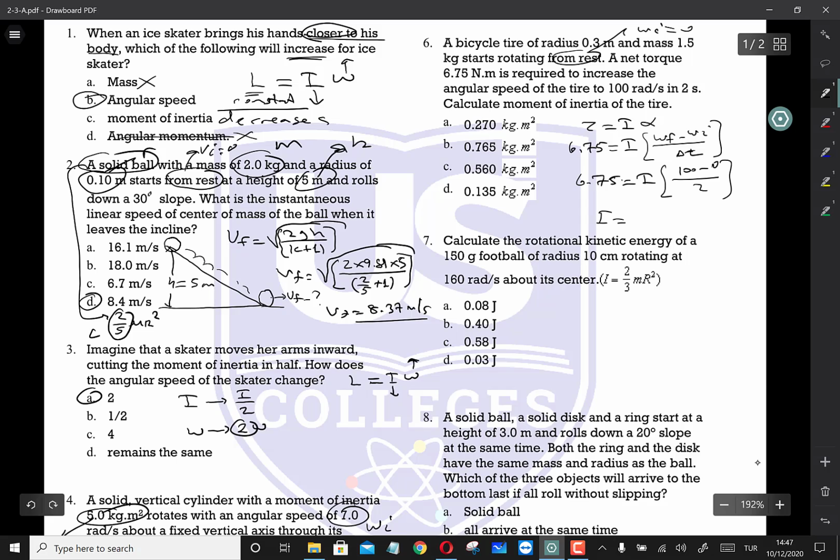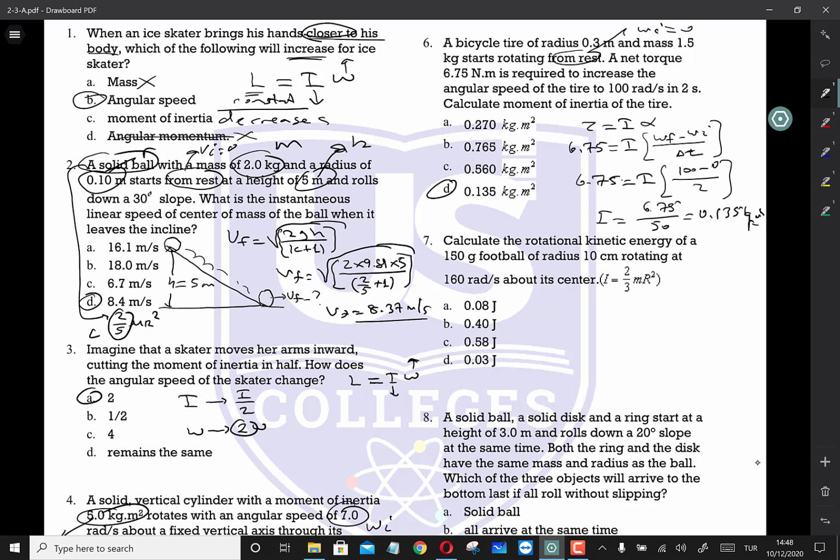Then I is going to be 6.75 divided by 50, which is equal to 0.135 kilogram meter squared. The answer is D.